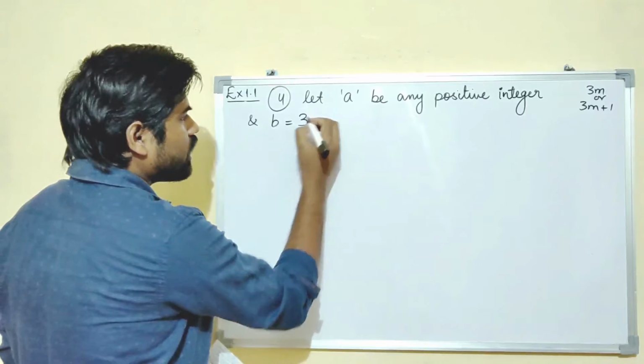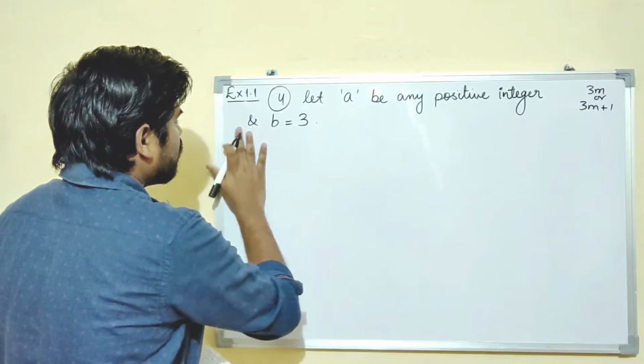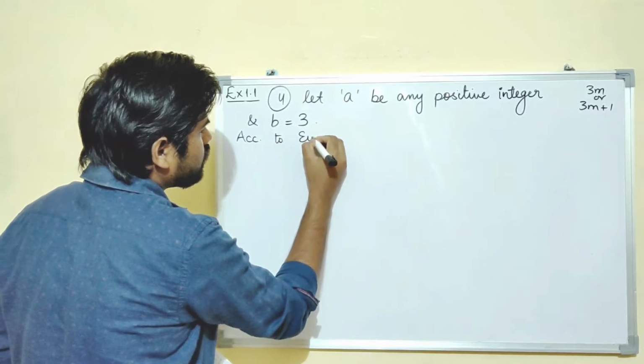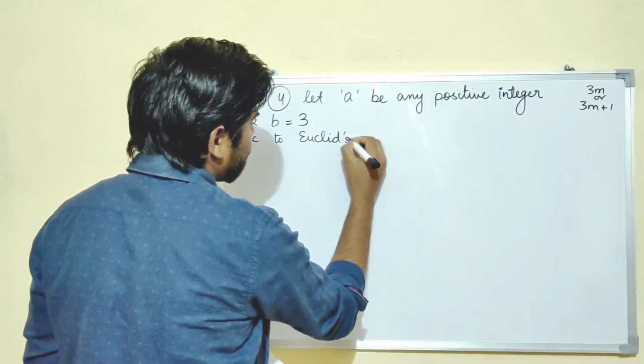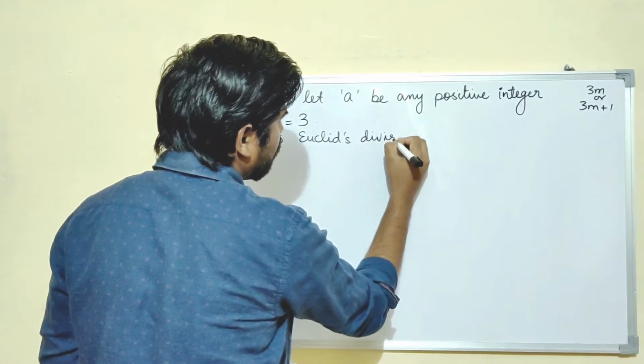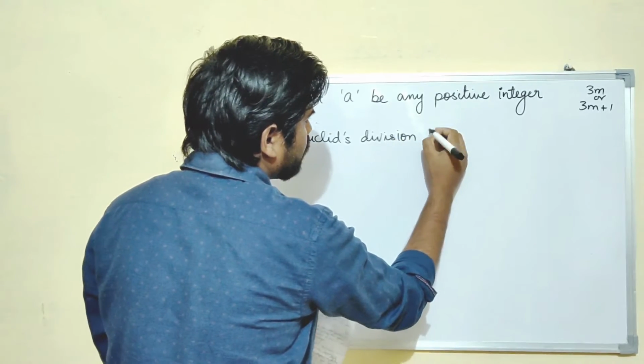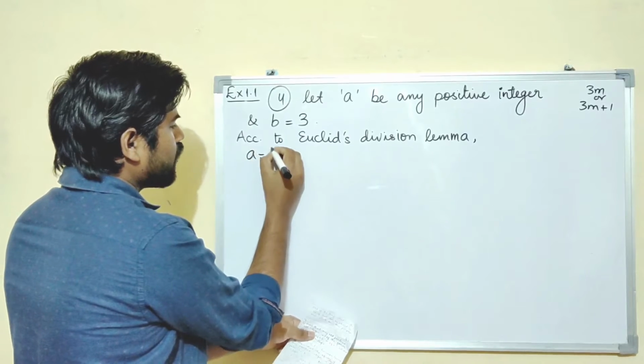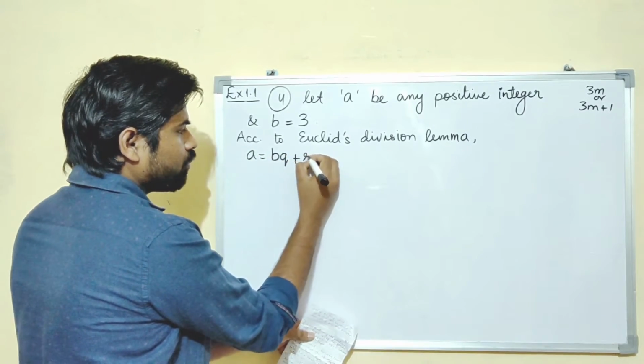Now let us proceed. According to Euclid's division lemma, which says a equals to bq plus r, right?